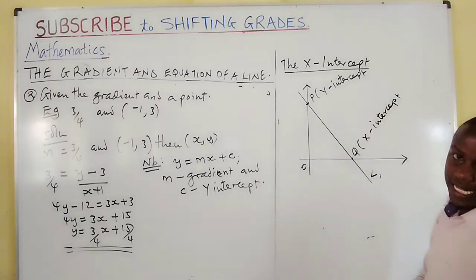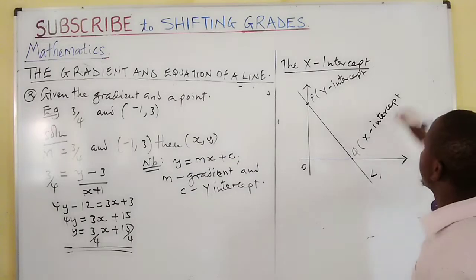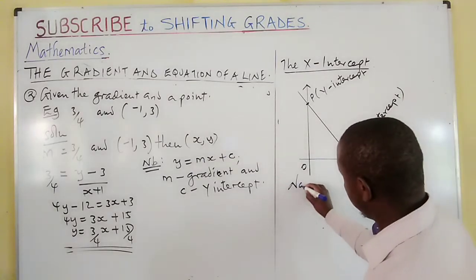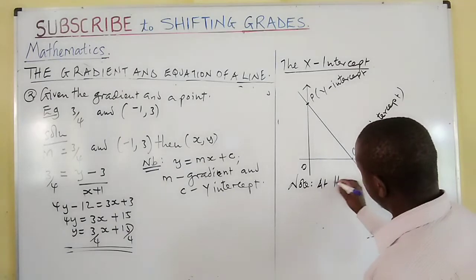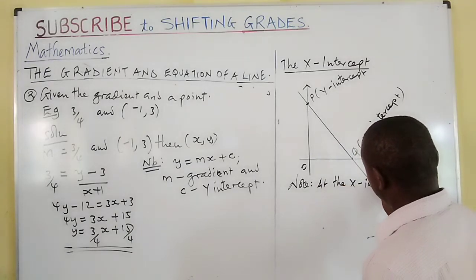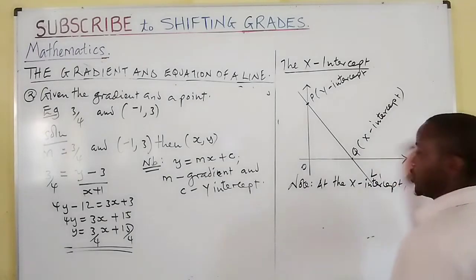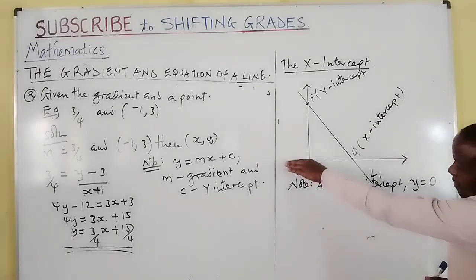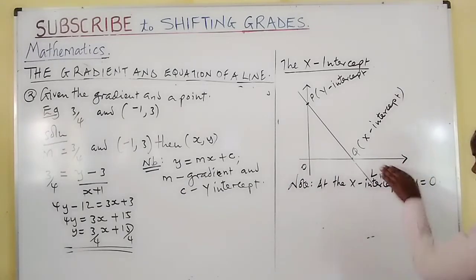Therefore, we usually say that at the x-intercept, y is equal to 0. Along the x-axis, y is always 0.